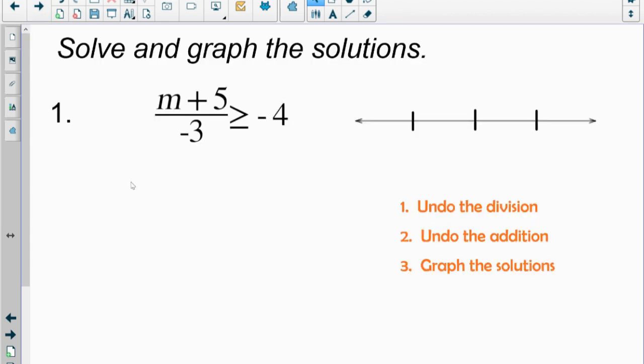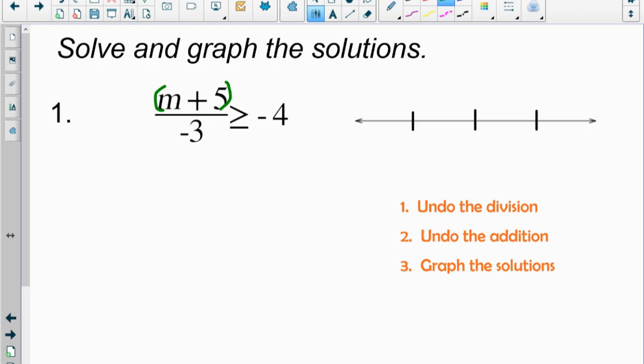Here's our first example. So here we have a fraction on the left-hand side. It just says (m + 5) divided by negative 3 is greater than or equal to negative 4. And I have the steps listed there on the bottom right-hand side of your screen. This is what we're going to do. So we're going to start by undoing the division. Because keep in mind, this m plus 5 is kind of grouped together in the numerator.